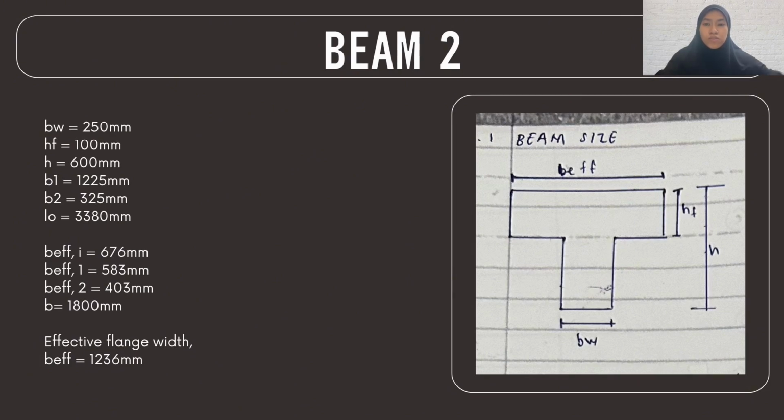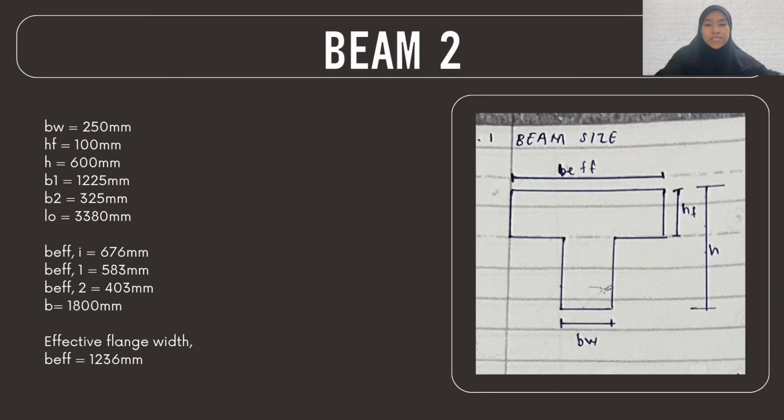The web width bw is 250 mm. The flange thickness hf is 100 mm and the overall depth h is 600 mm. Using the distance between adjacent beams, the calculated effective flange widths are b effective 676 mm, b effective 1 583 mm, b effective 2 403 mm.